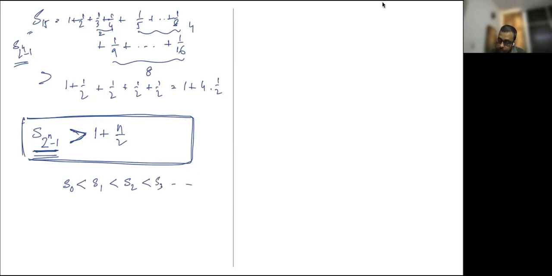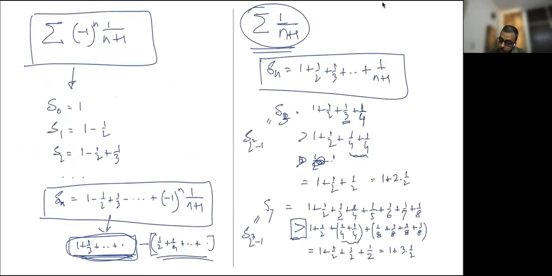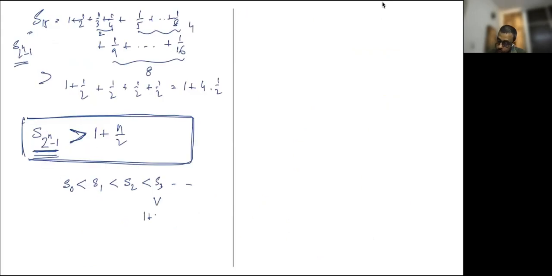And now what you have derived here is that S3 is bigger than 1 plus, what was it? S3 bigger than 1 plus 2 by 2. Then S7 was bigger than 1 plus 3 by 2.